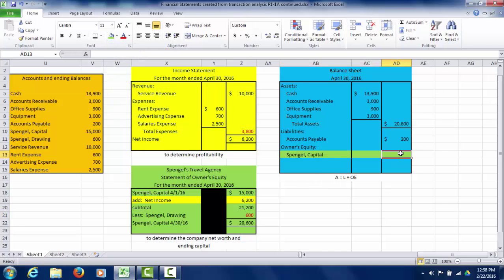So the question is, do I put the original 15,000 in this document, or do I put the 20,600 in this document? Remember, the goal is to add up to 20,800 from up above in total assets. So if you said 15,000 plus 200 does not equal 20,800, so that can't be right. If you said 20,600, you are right, because you can do that math in your head. 20,600 plus 200, that's going to balance up top with 20,800.